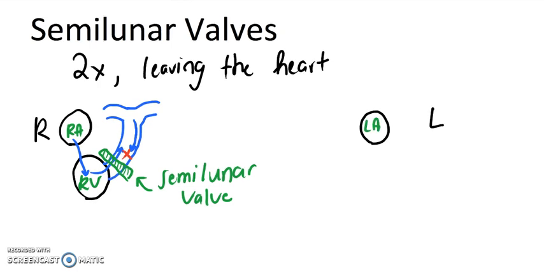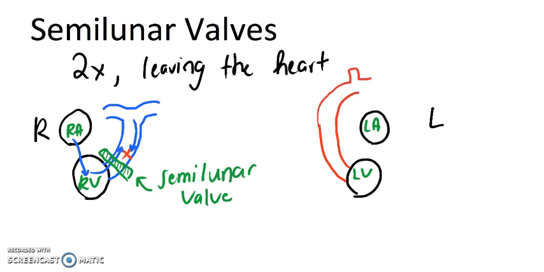The chamber directly below it is the left ventricle. After the left ventricle, we have this large artery that takes blood away to tissue above the heart and also tissue below the heart. This is your aorta.